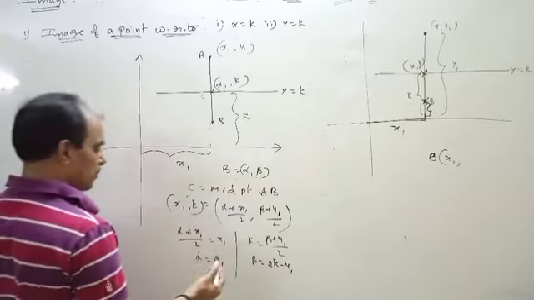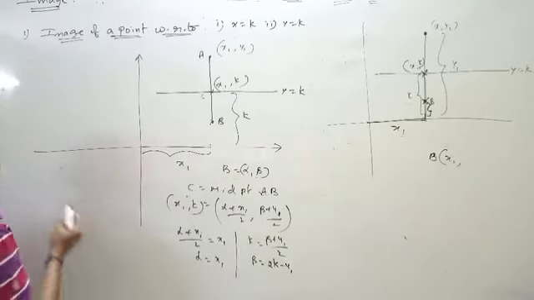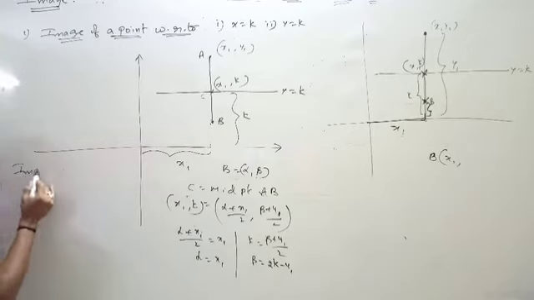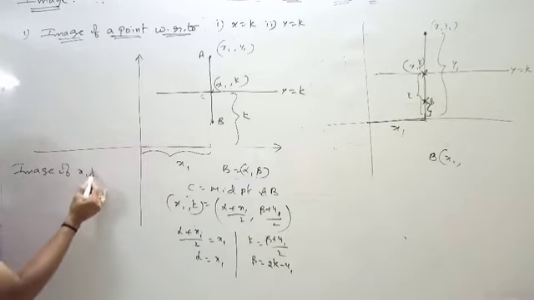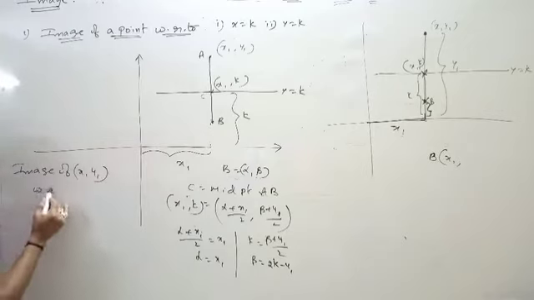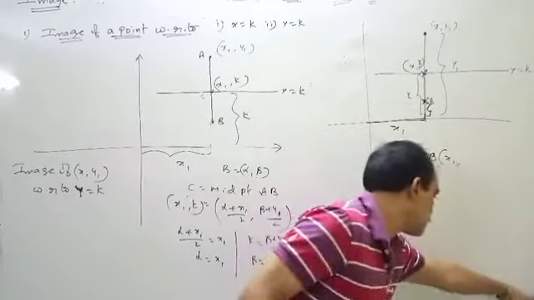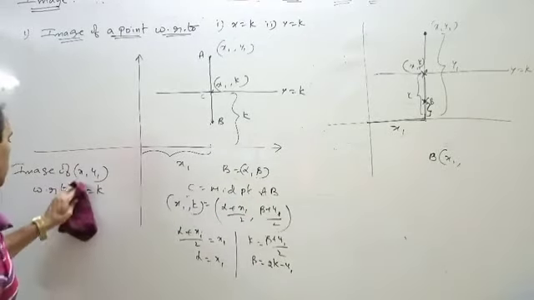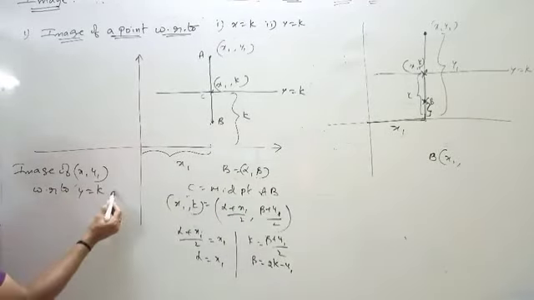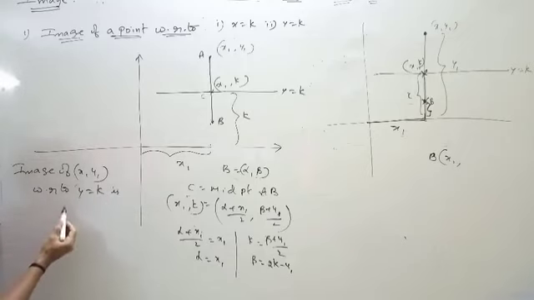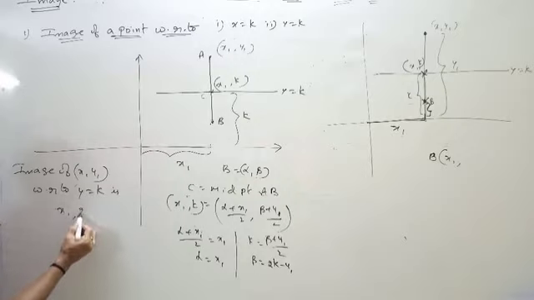Now alpha beta, therefore the image of x1 y1 with respect to y is equal to k is, what comes? Tell me. x1 comma 2k minus y1.